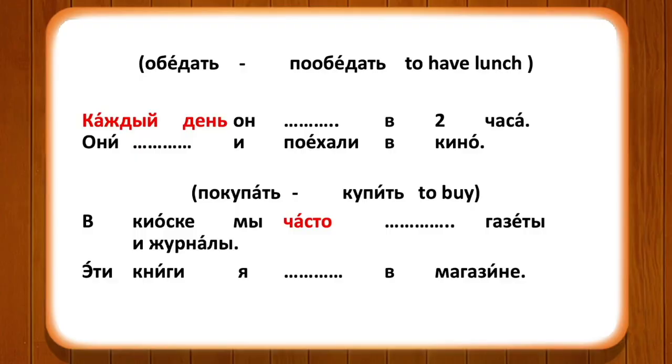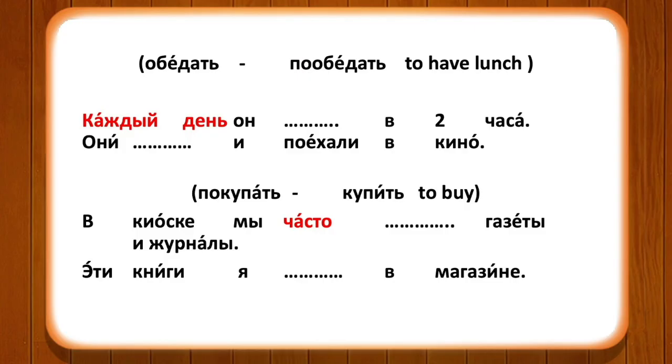In the next sentence, the verbs that you have to use are обедать, пообедать. Обедать, пообедать means to have lunch. Каждый день он dash в 2 часа. In this sentence, the phrase каждый день is used, which means every day. So every day he eats his lunch at 2 o'clock.